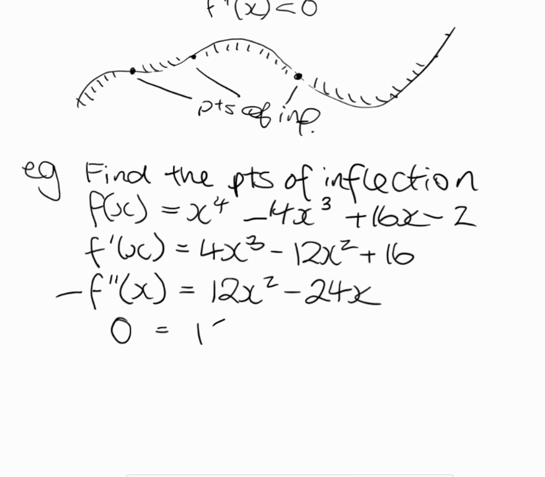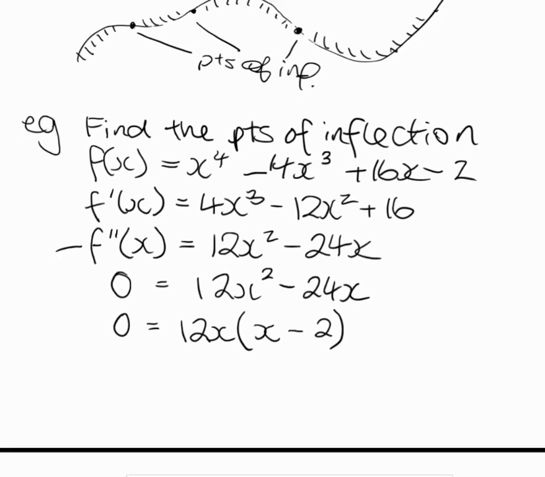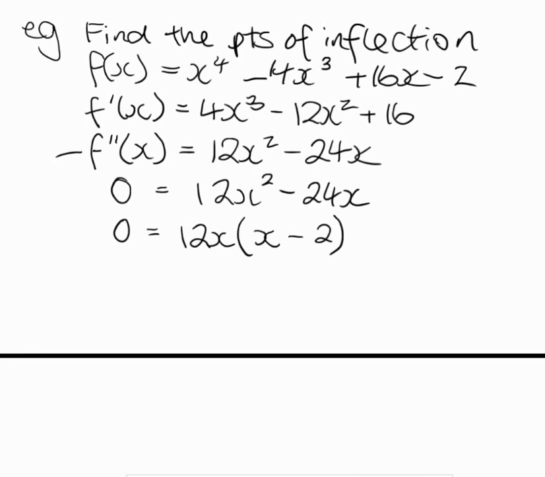So we can factorize that. Pull a 12x out the front, and we've got x minus 2. So therefore, because we let this equal 0, x can be 0 or x is 2.